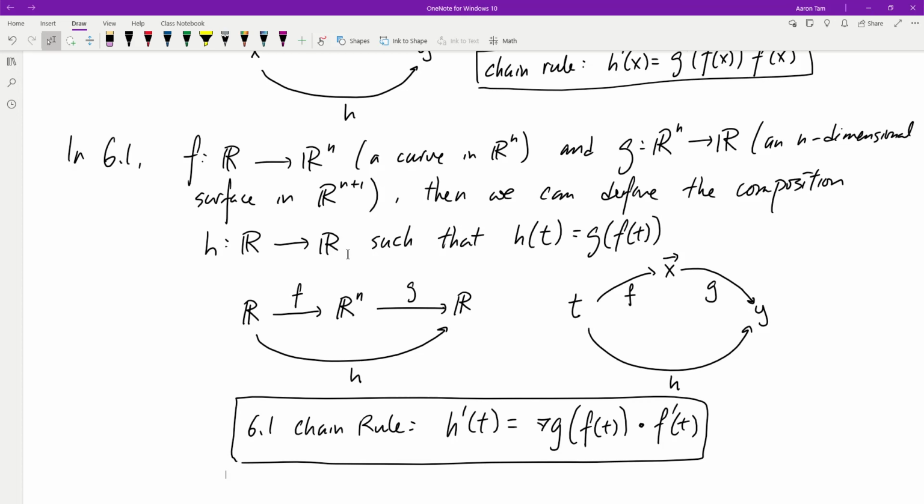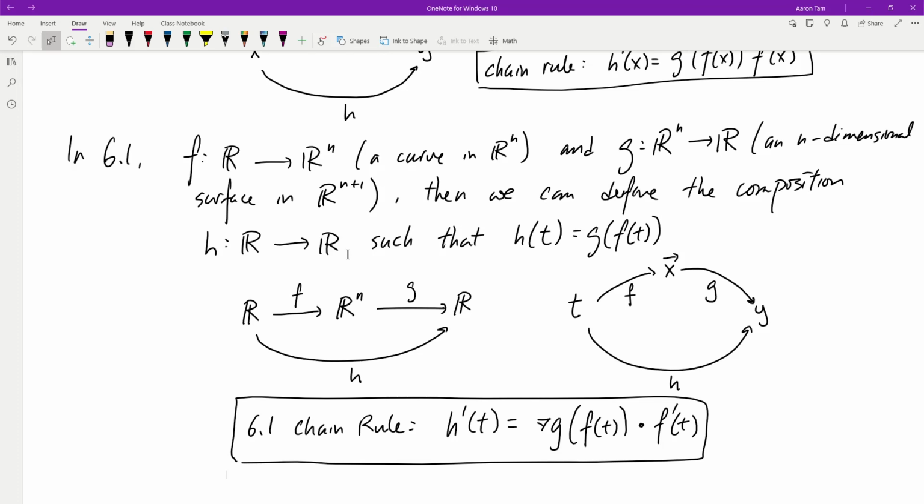And also one thing I want to point out is that even though in this scenario h of t equals f of g, g of f of t gives out one single variable as one single input, the graph of this function h actually is in R^(n+1).